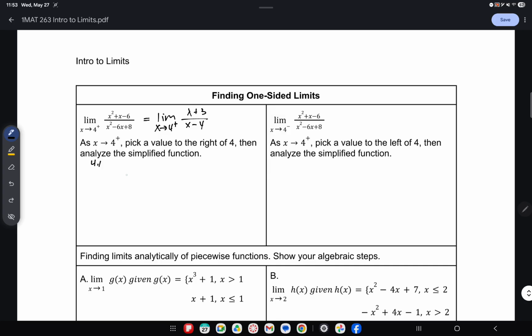So when we do the direct substitution, 4.1 plus 3 over 4.1 minus 4. I'm just looking for the signs because we know in this case we have a vertical asymptote, right? So we just want to know whether we're going to positive infinity or negative infinity. So I'm going to have a positive number over a positive number, so I'm going to go off to positive infinity.